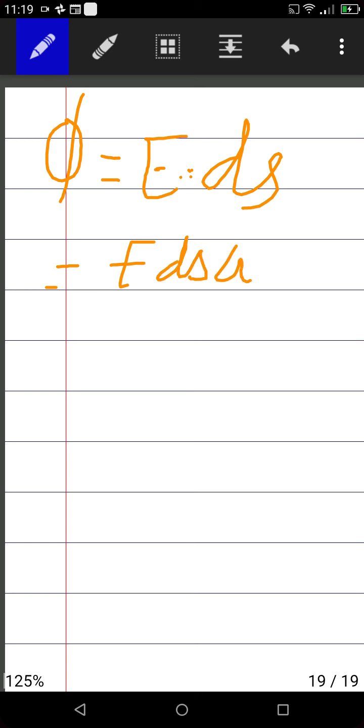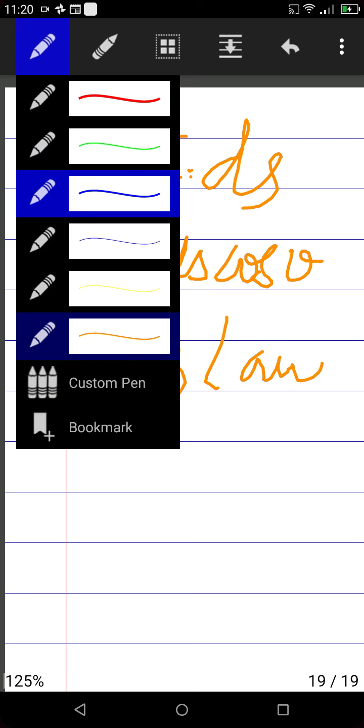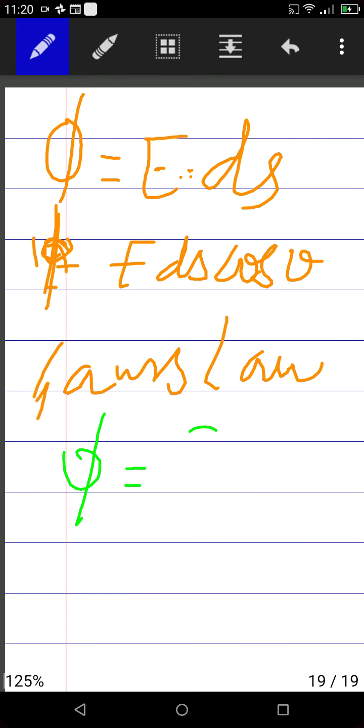We know the flux formula is E dot ds, don't forget, dot means dot product, E ds cos theta. One more thing, by Gauss law we know flux is equal to Q by epsilon naught.